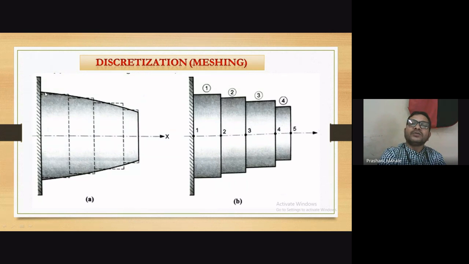Instead of analyzing these teeth in this way, I am going to make steps in this way: step 1, step 2, step 3, step 4, and I am going to deal with that as a rectangle.